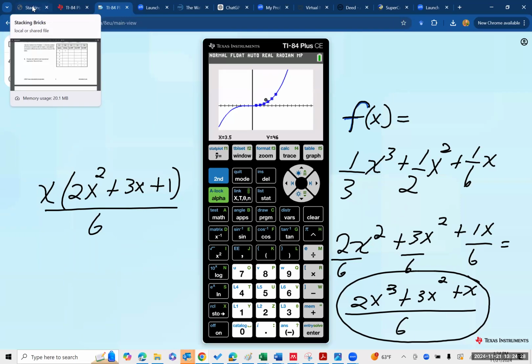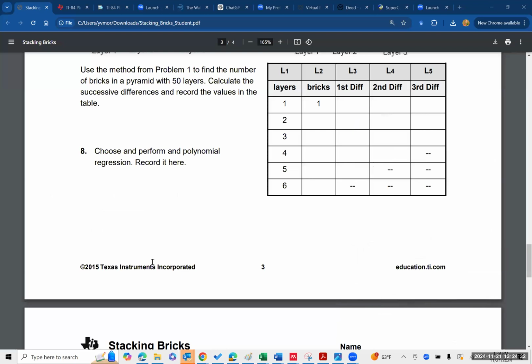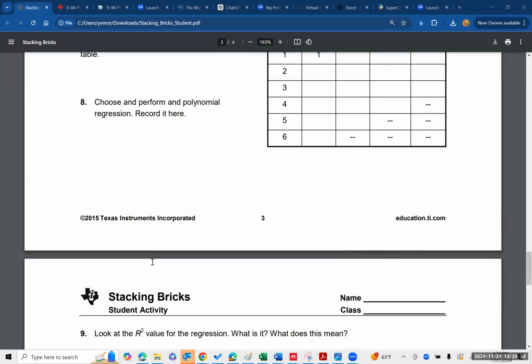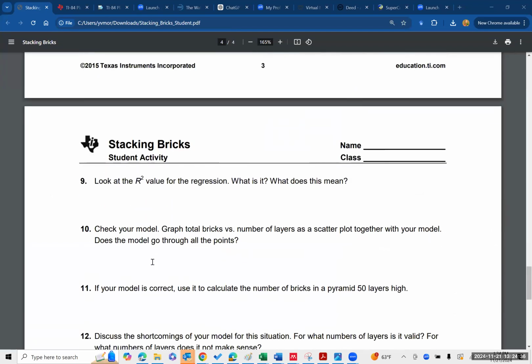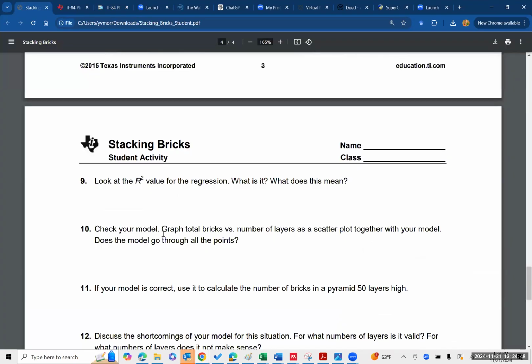Let's take a quick look and then wrap this up. I think that's the regression equation. I don't know if it gave me an R squared. You might have to turn the diagnostics on, just like we did before. I'll let you do that.